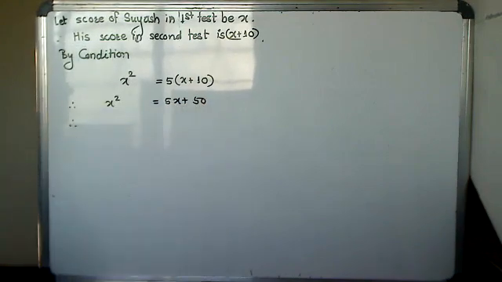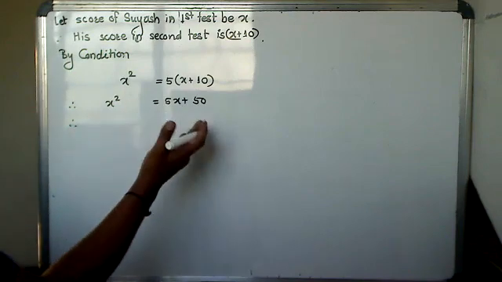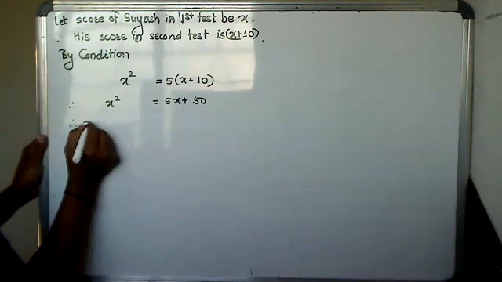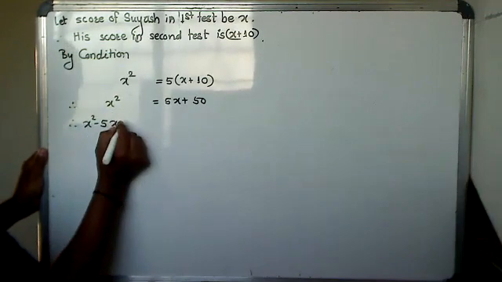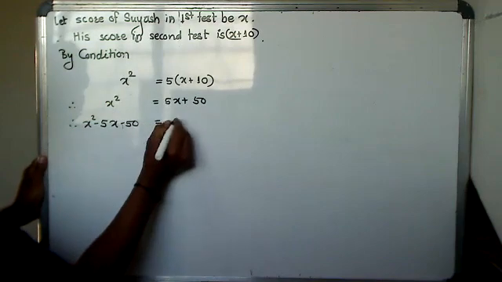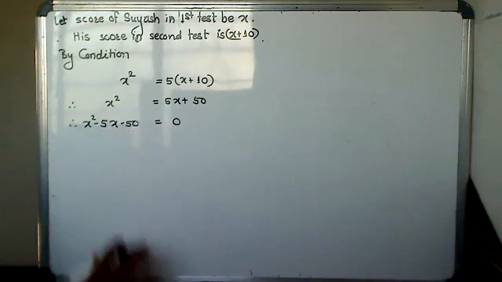Just shifting the terms on the right hand side to the left hand side, x square minus 5x minus 50 is equal to 0. So this is the quadratic equation. We have to solve this by the factorization method, which I consider very easy.